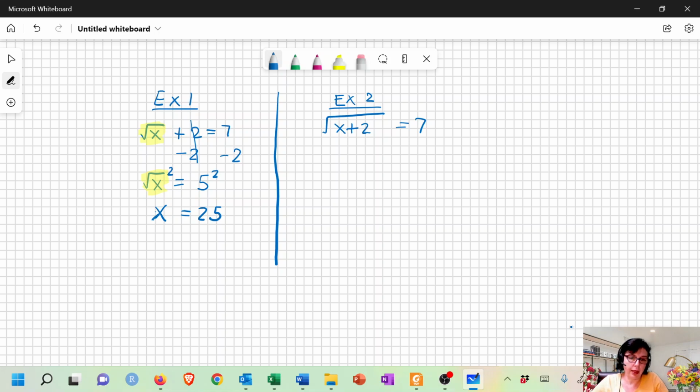Now, as with any one of these equations, you need to check this equation to see if it works. Generally, it's a great idea, whenever you're solving any kind of equation, no matter what kind, to substitute the value you found back into the equation and to see if it works.